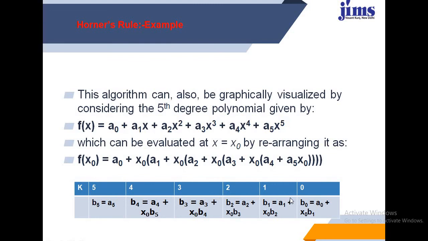So the final value you will have from the last column, the 0 column. In the next slide we will see how we compute the polynomial value using the Horner rule.